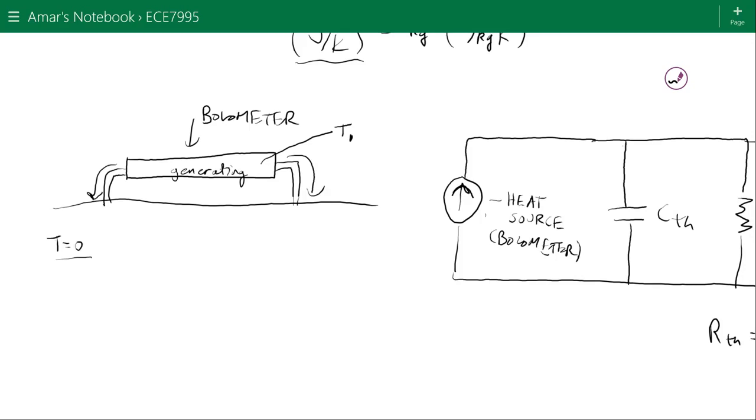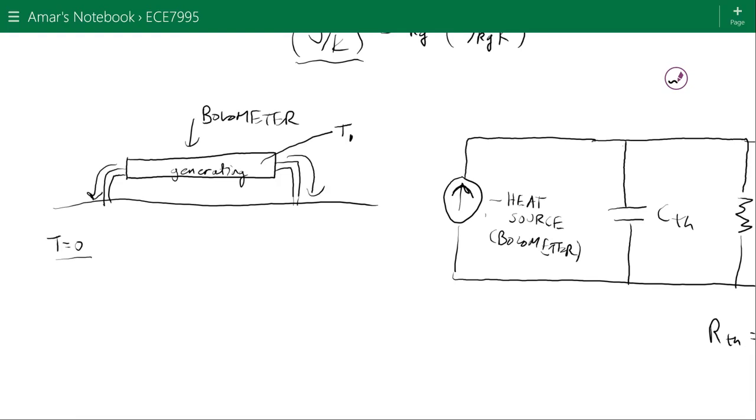Similarly, in the thermal domain, the temperature of this element cannot change instantaneously. Instead, the temperature change is proportional to how quickly heat is flowing away from it. In the electrical domain, how quickly the charge changes depends on how much current is flowing away from the capacitor.